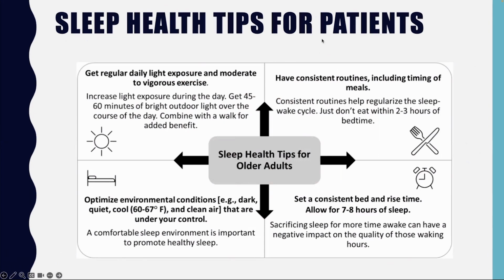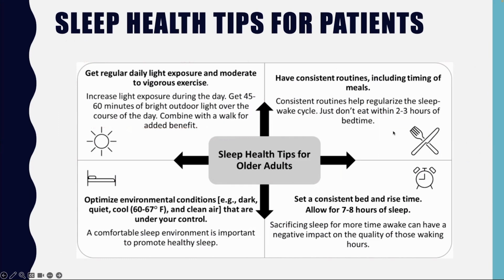Here are some general sleep health tips for patients. This can be applied to really all patients, but specifically to older patients as they have changes in their daytime routine. It's really important to get regular daylight exposure and moderate to vigorous exercise during the day.